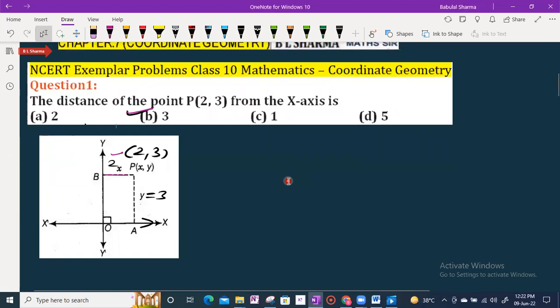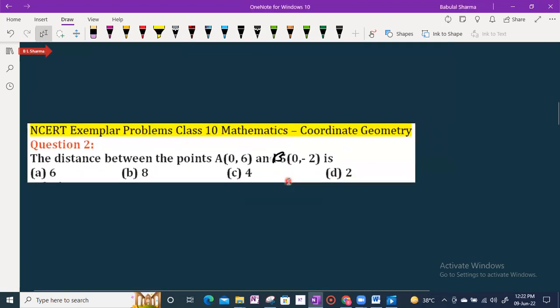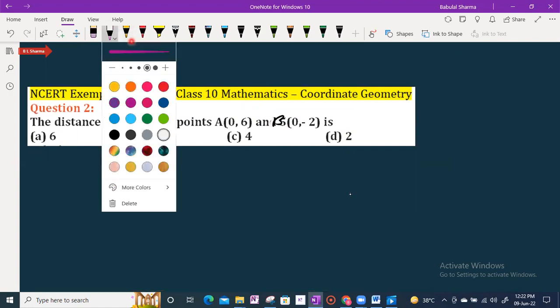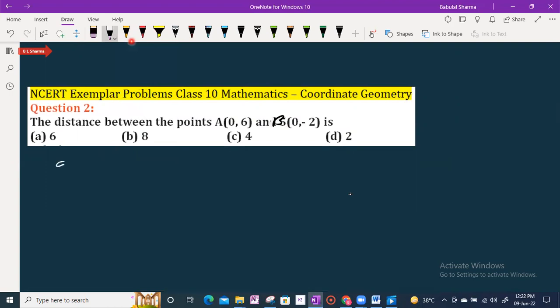Now we go for the next question. The distance between the points A (0, 6) and (0, -2). Using the distance formula, we know that the distance is given by the square root of (x2 minus x1) whole square plus (y2 minus y1) whole square.